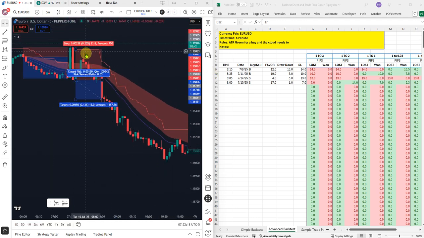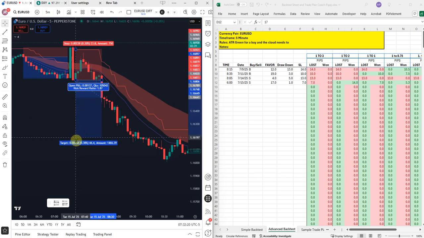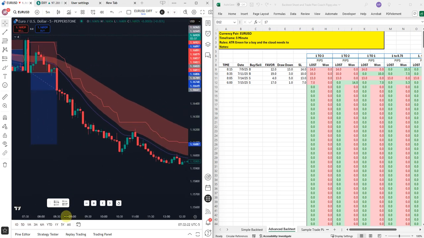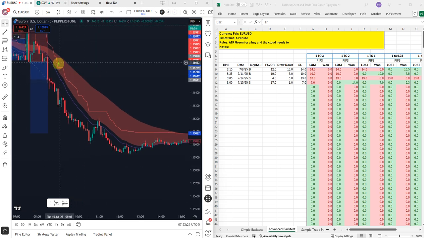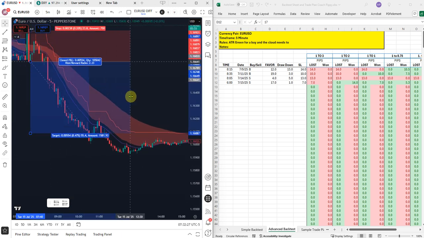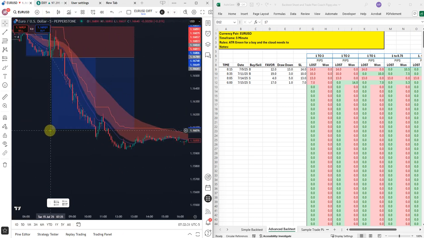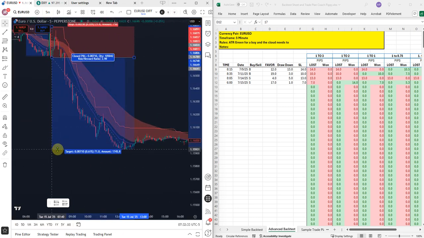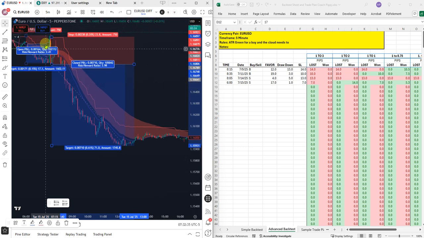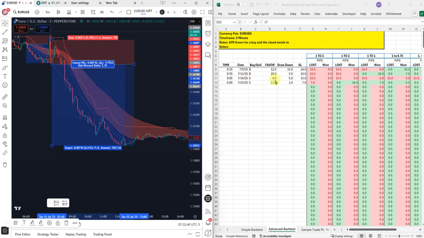And then our favor will be a big one on this one. Let's see, how far does it go? Probably about to here. And our drawdown, we had a 24 pip stop loss. Our drawdown was 21.